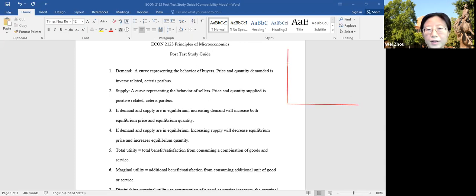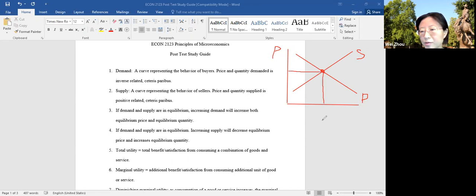Okay, so in that case, we have demand, we have supply, and we want to make sure you understand that when nothing is changing on the demand and supply side, they like to stay here. That is the equilibrium price, and that will be the equilibrium quantity.